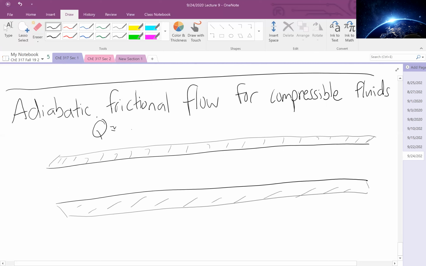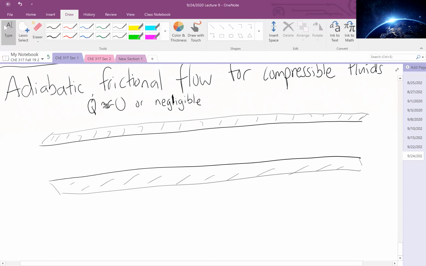So Q is equal to 0. And so there's going to be no appreciable heat transfer in the system.